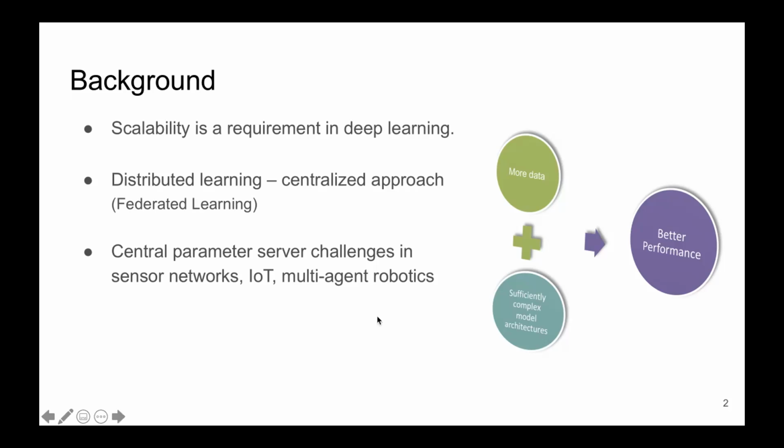However, that kind of centralized approach has some limitations, because all the agents need to communicate with the central server, which has some challenges in several applications for sensor networks, IoT devices, or multi-agent robotics.